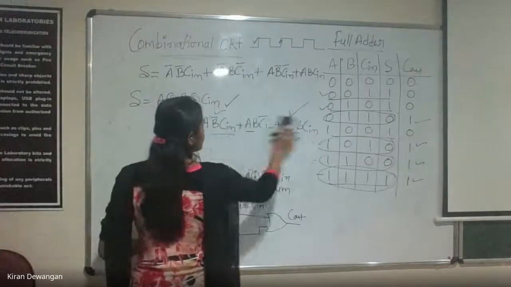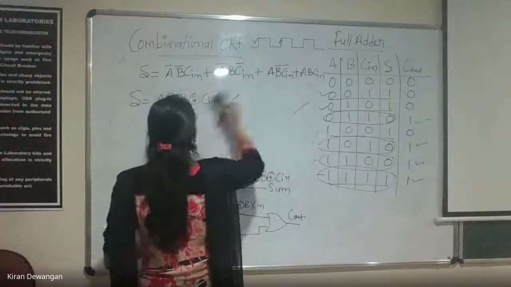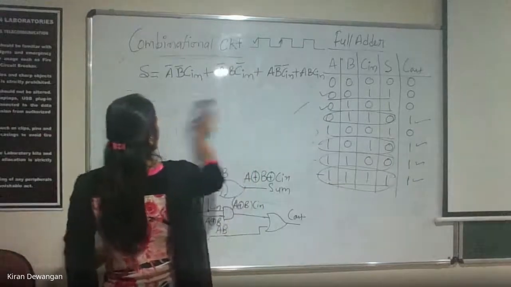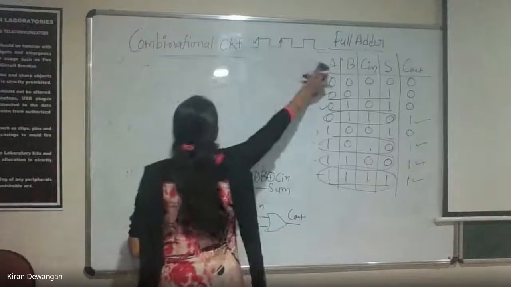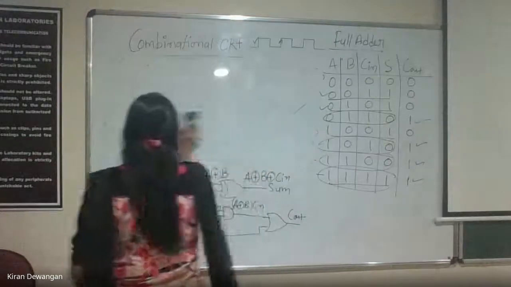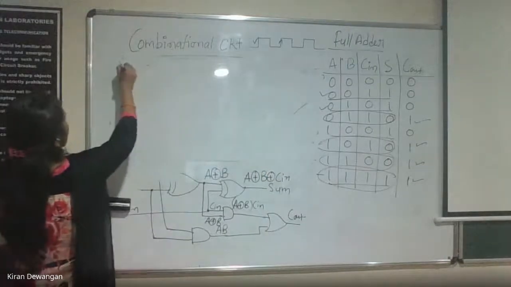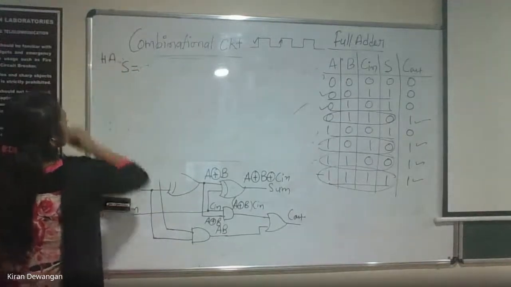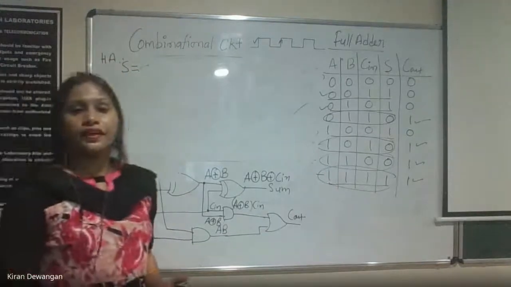We can design a full adder by making use of half adders. Now, do we know what a half adder is? What is the output of the half adder sum?